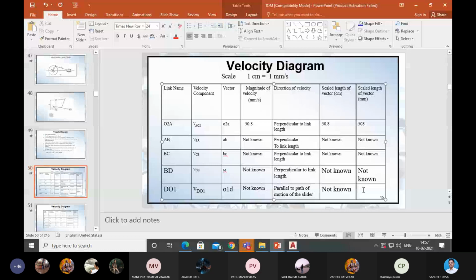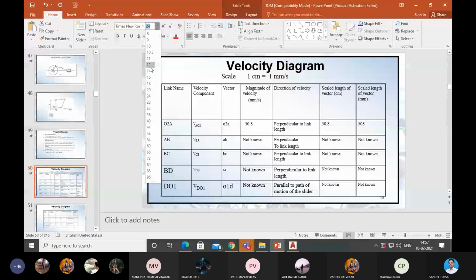Okay. Right, so this table is ready. Now you can draw the velocity diagram. Shall we draw the velocity diagram now? Yes, sir.